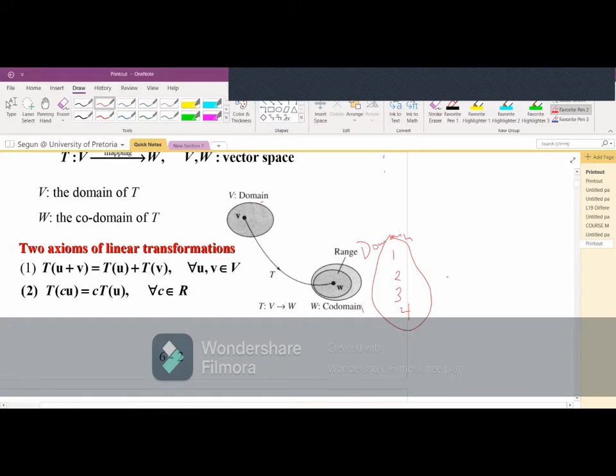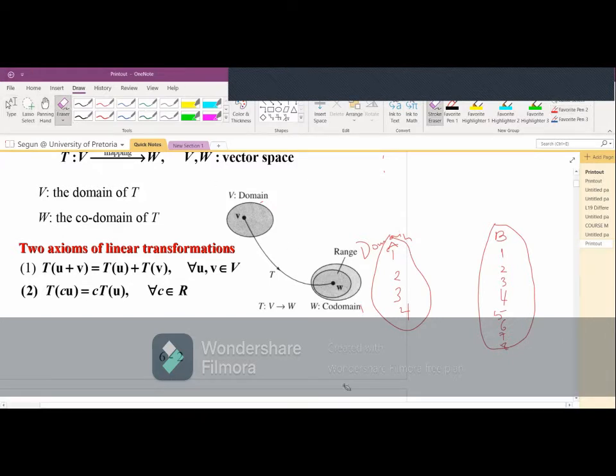So if I want to explain it in a better way, I can have at this point, this is my A. Let me call this one A. My B is 1, 2, 3, 4, 5, 6, 7, 8. Let me just continue here.